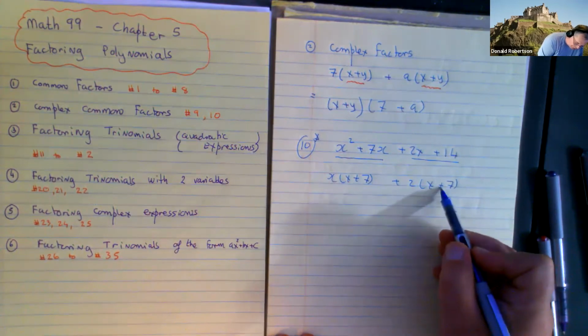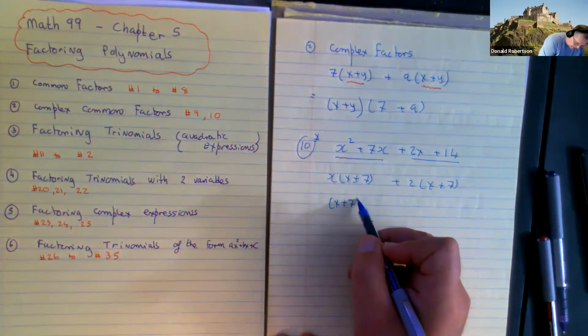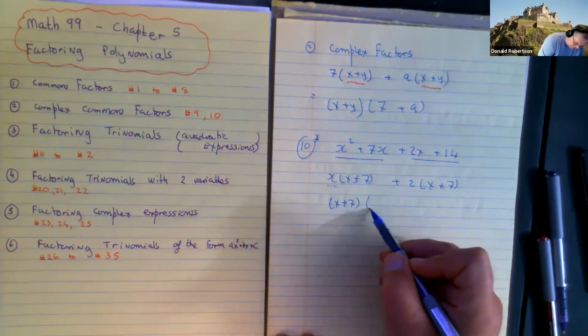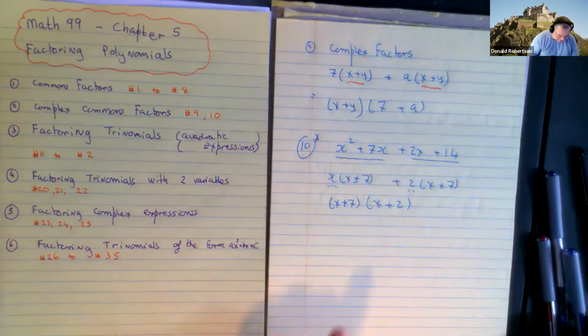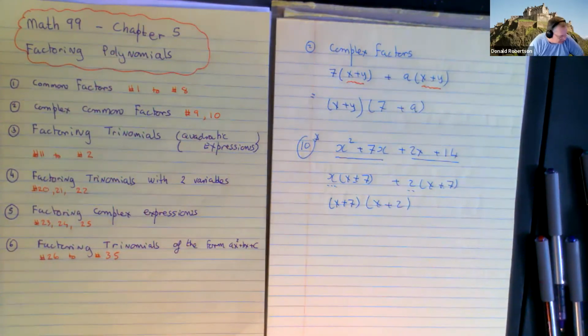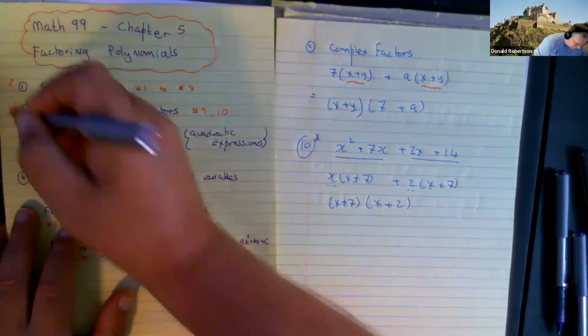And then I notice that both of these have x plus 7. And that leaves me with an x, and it leaves me a plus 2. And there we are finished. And that takes care of situation 2.